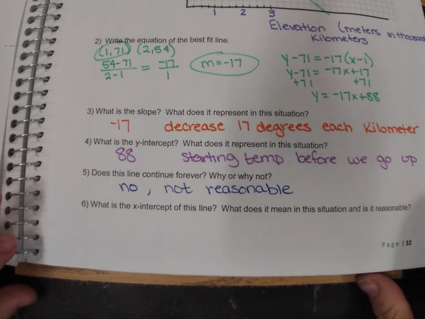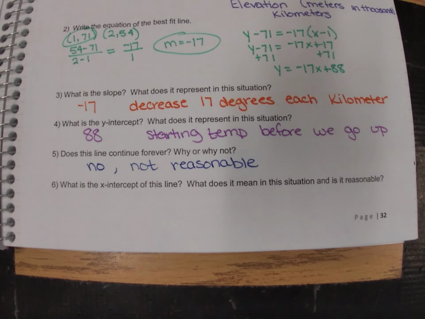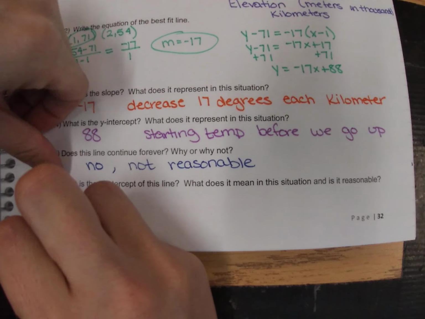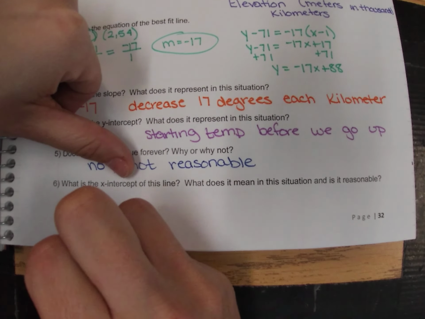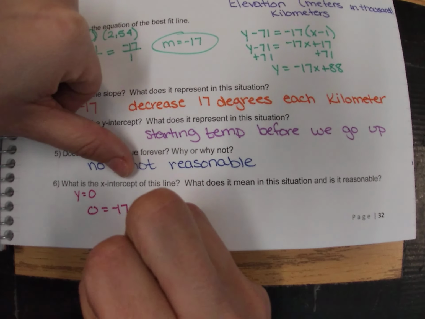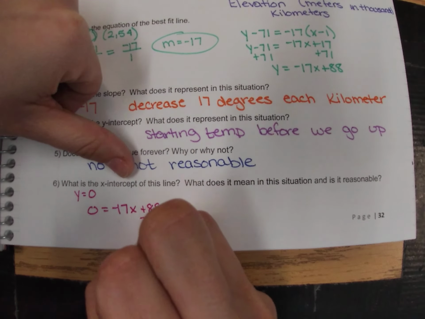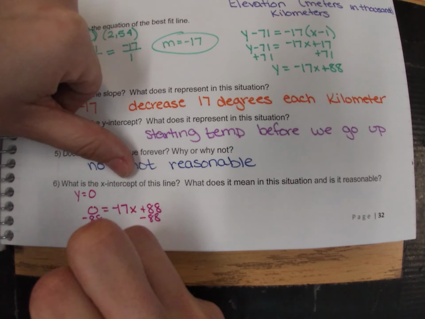Now, this graph does have an x-intercept. So this is something that we could consider. Okay, the x-intercept, remember, we do not just easily see. The x-intercept we find by plugging in y equals 0. So if I say 0 equals negative 17x plus 88, this is an equation I can solve.